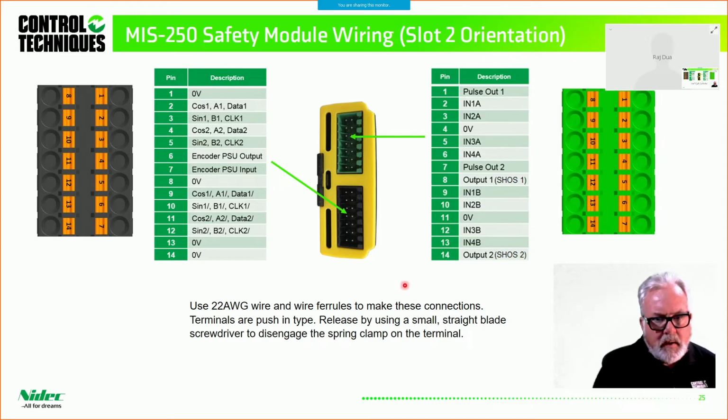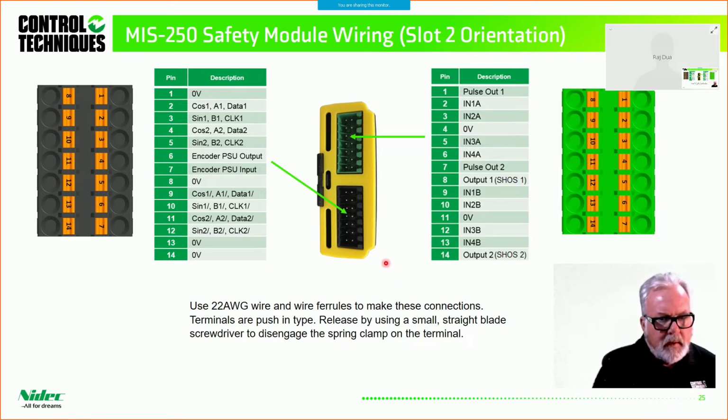I'd also recommend using 22 gauge wire, and ferrules are critical. I don't know that you could do anything else. You need to use ferrules, because these terminals that you see here are the push-in spring-loaded type. So you plug your wire in, your ferrule in, doesn't require you to do anything other than to plug it in.